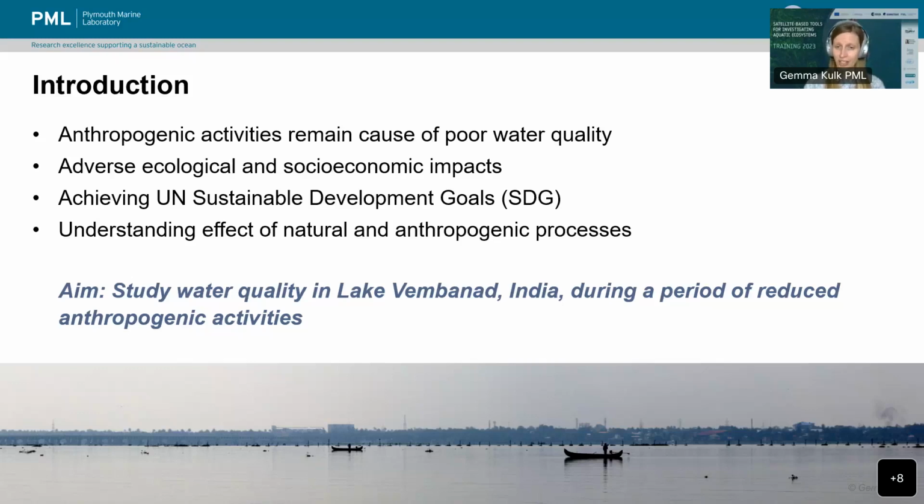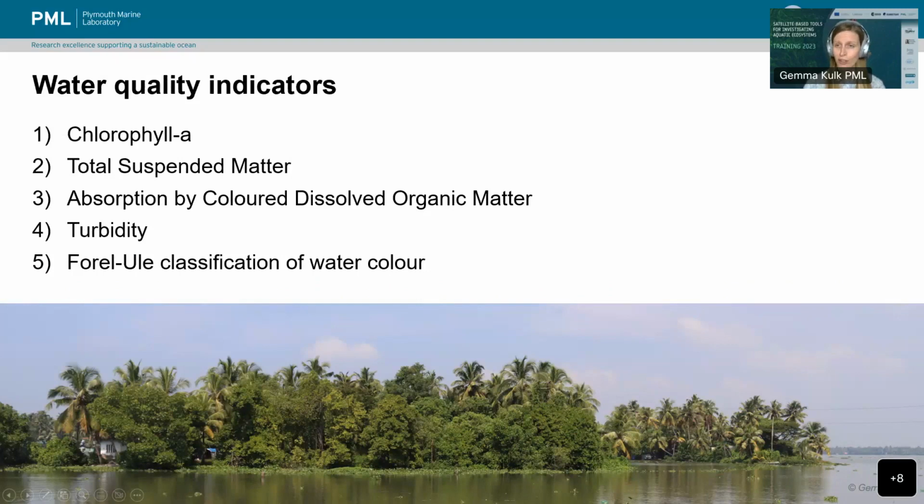So we decided to study water quality during this period of reduced anthropogenic activities using a combination of satellite and in situ observations. We used 5 different indicators for water quality that are amenable to multispectral remote sensing. So the first one is chlorophyll A, which is a measure of phytoplankton biomass.